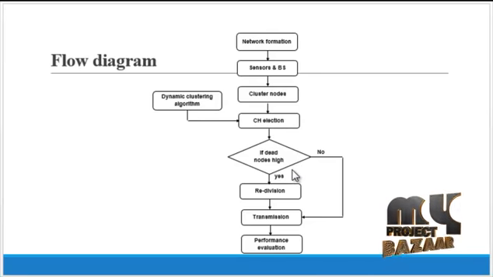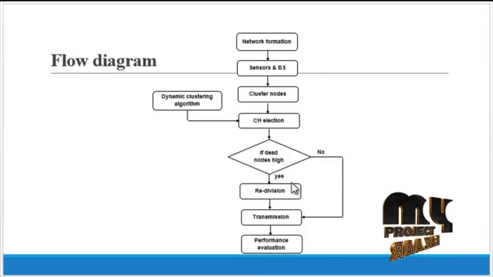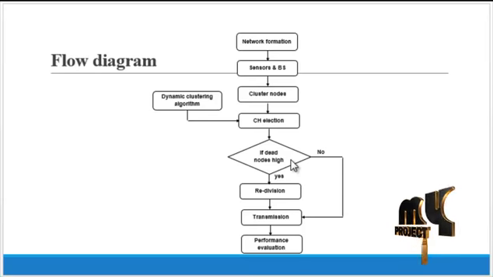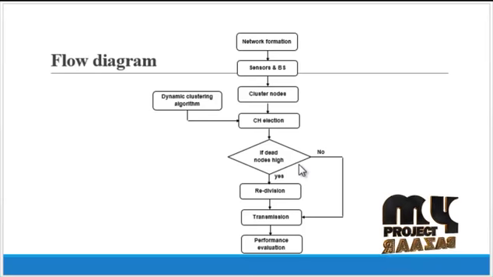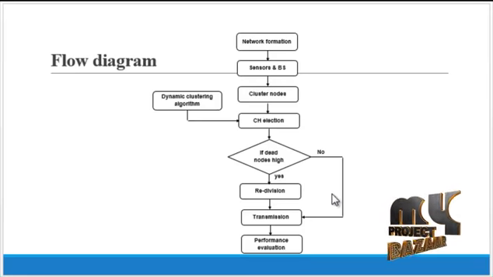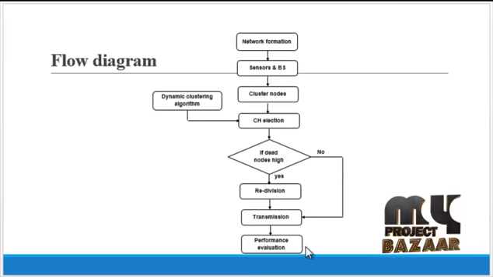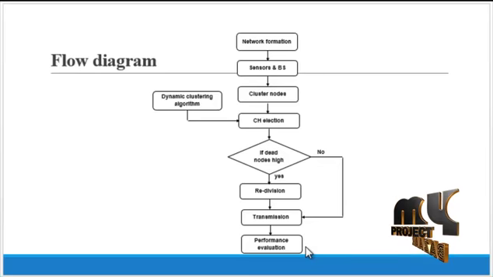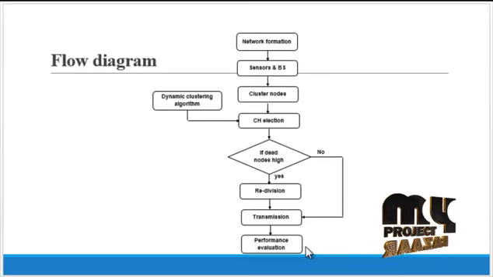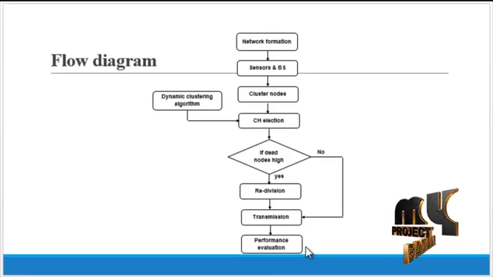After that, if the dead nodes are high in the cluster, it again redivides the cluster. The dead nodes may be the cluster head or a cluster member. If not, it directly provides the transmission. And finally, the performance is evaluated for the proposed scheme, which is compared with the existing system with the help of its parameters.